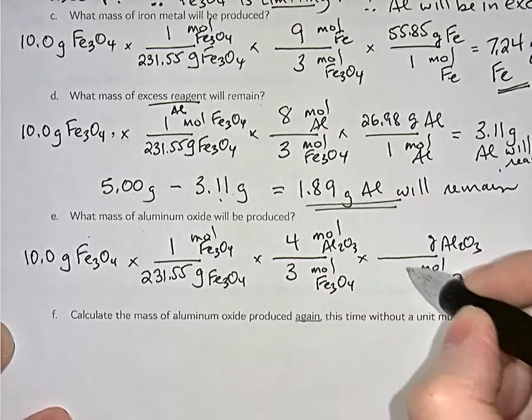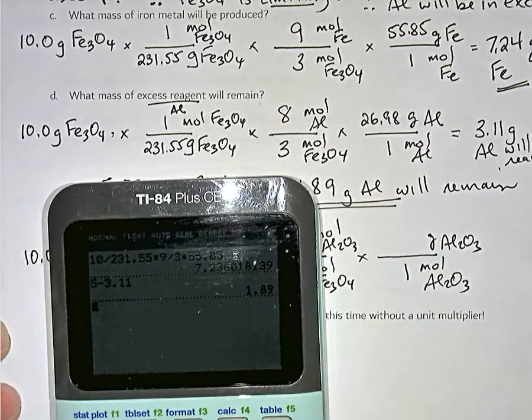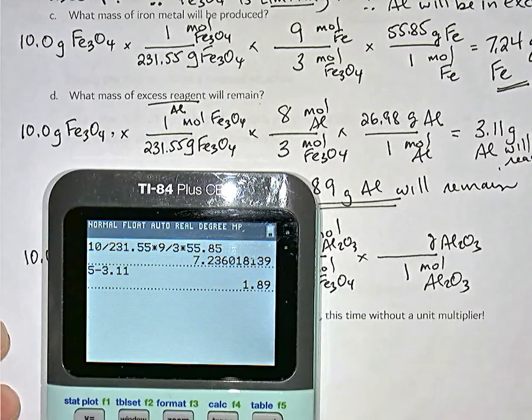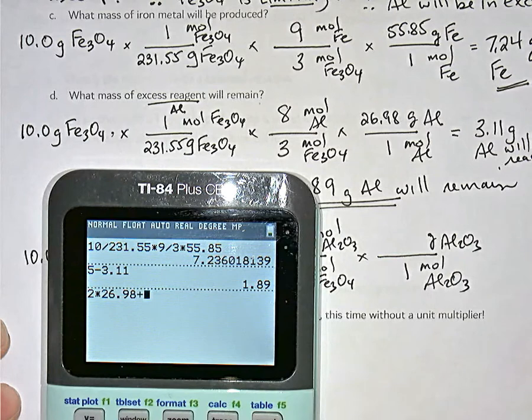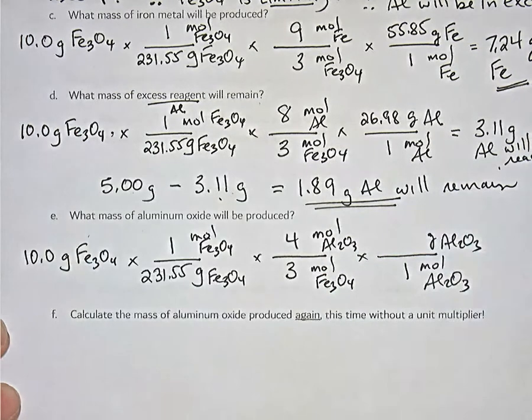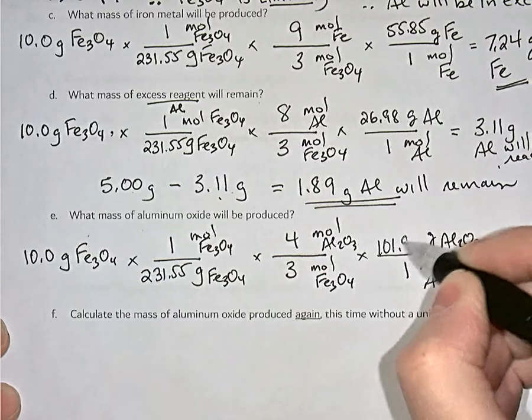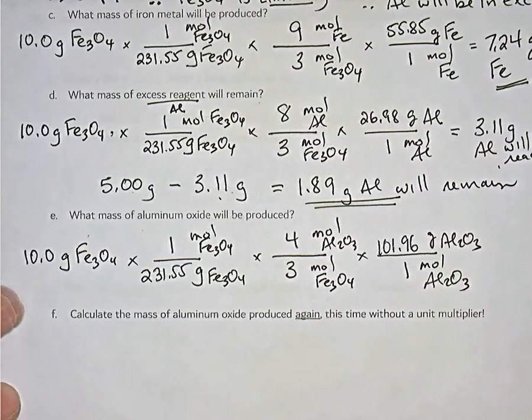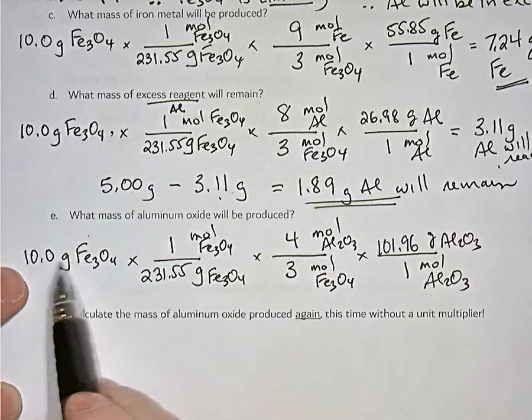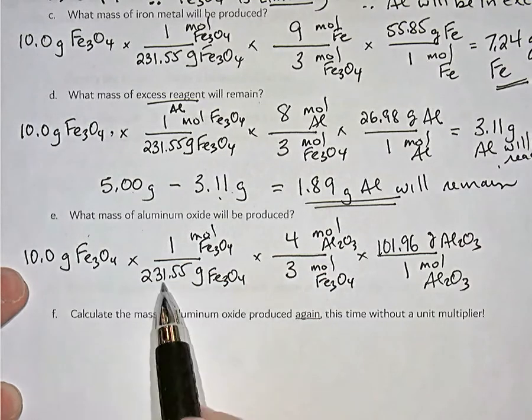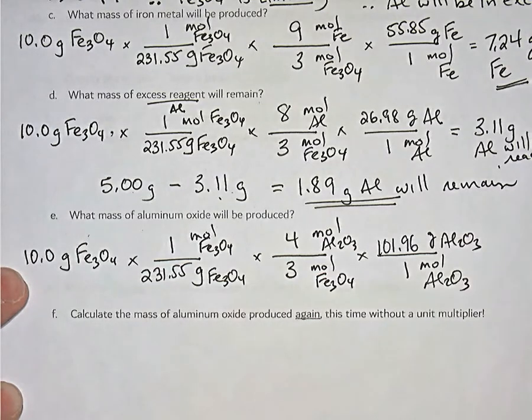And then the molar mass of aluminum oxide, from the periodic table: we have 2 aluminums, 2 times 26.98, and 3 oxygens, 3 times 16, giving 101.96 grams. I'm going to keep 3 digits in the answer. 10.0 has 3 digits, and these other numbers have more than 3 digits.